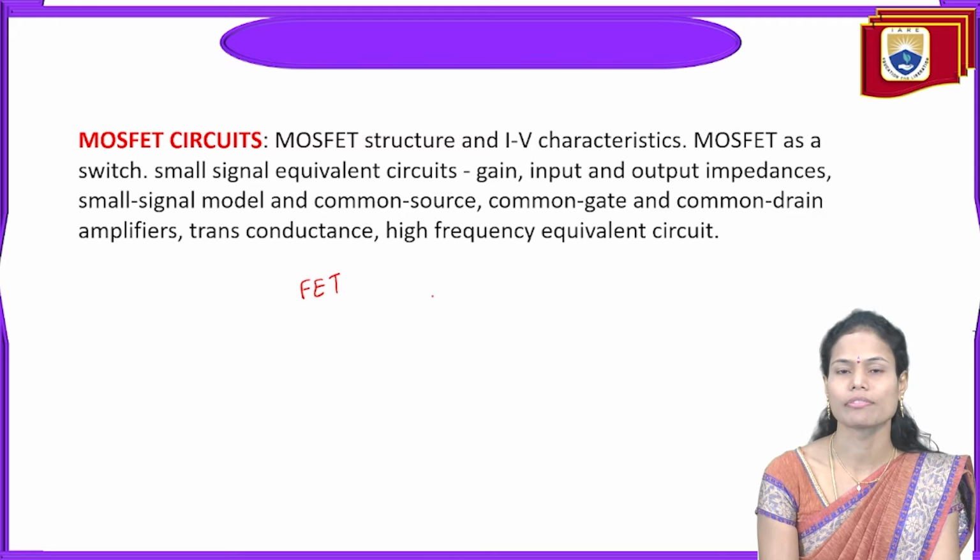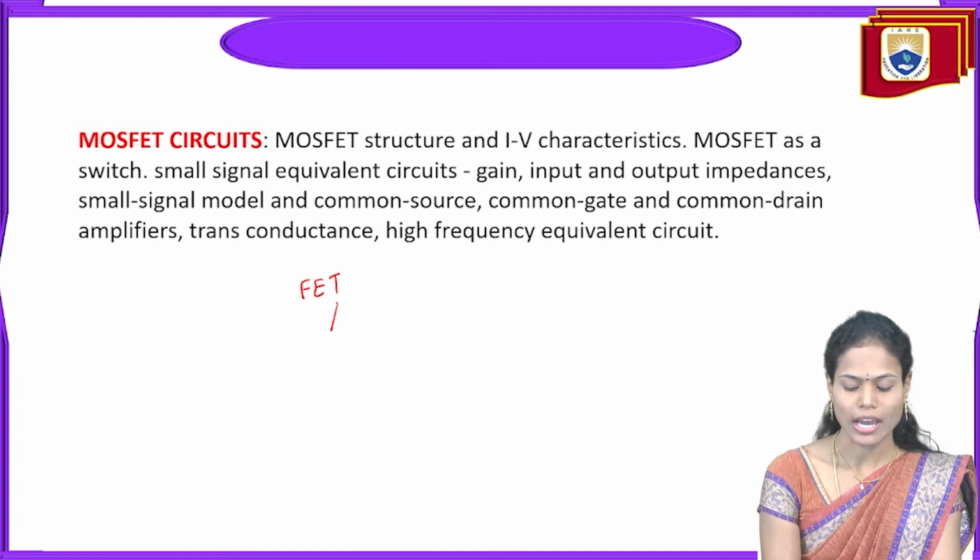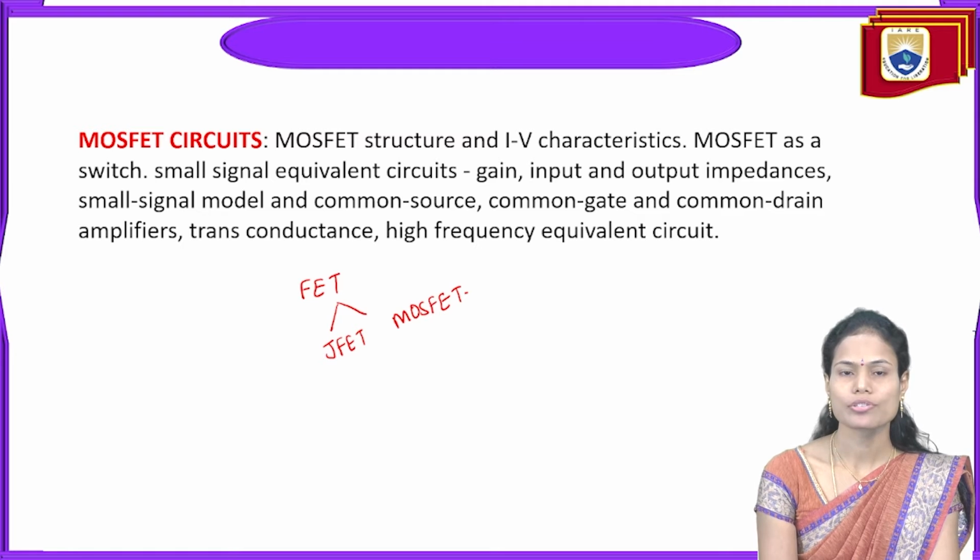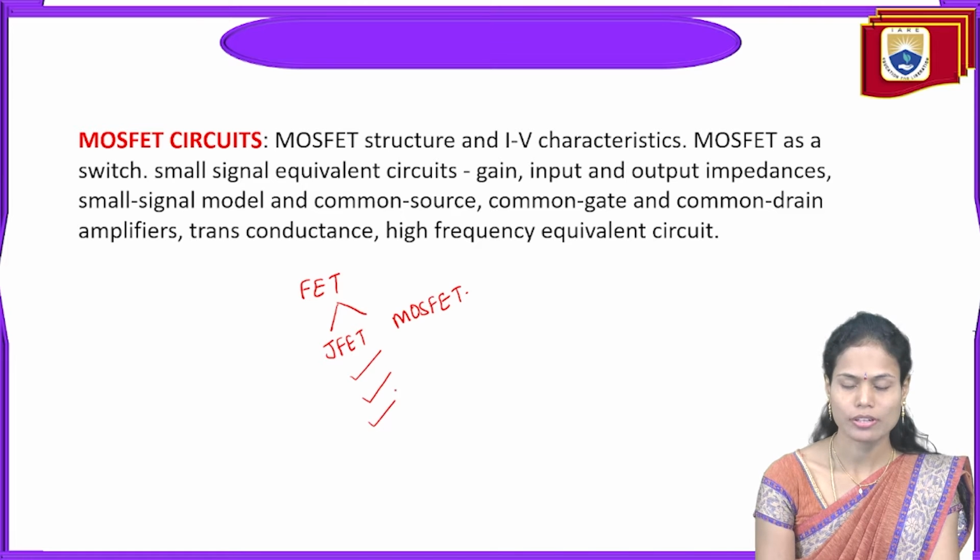Here we have two types of FETs, junction field effect transistor as well as metal oxide semiconductor field effect transistor. In these two types of FETs, we are going to discuss the construction, operation and the VI characteristics of both the junction field effect transistor as well as the metal oxide semiconductor field effect transistor.